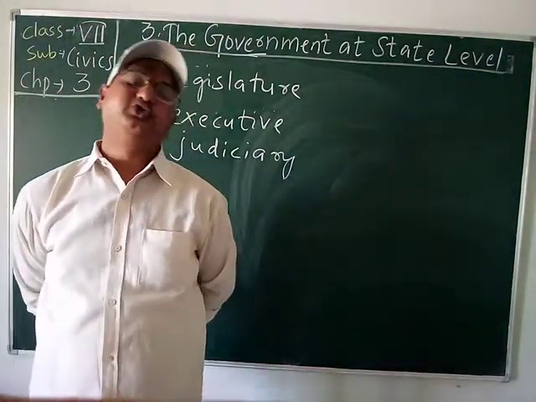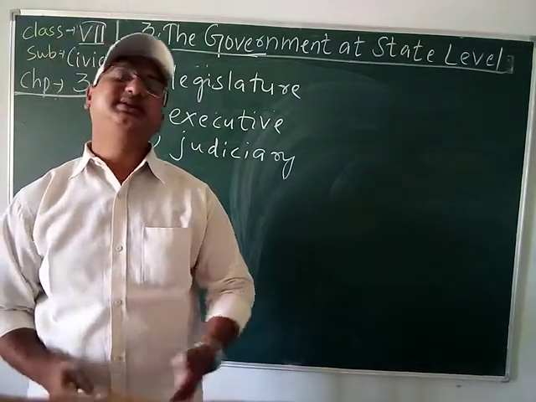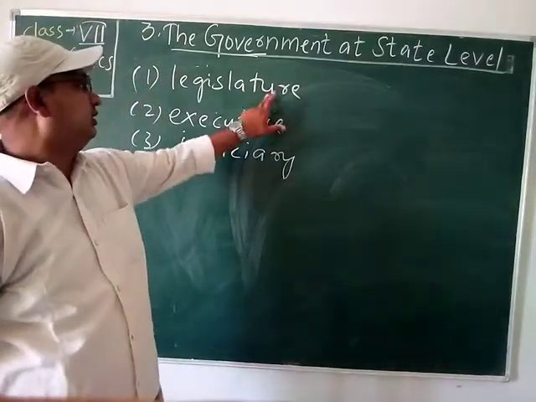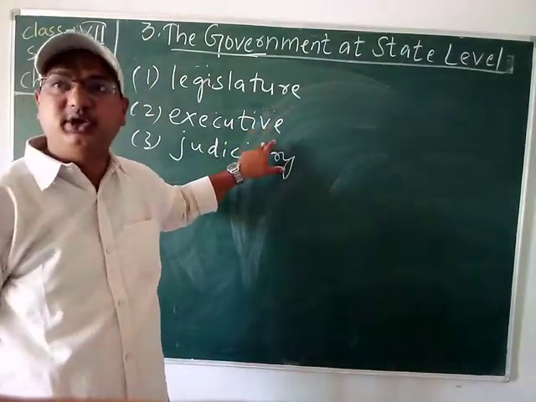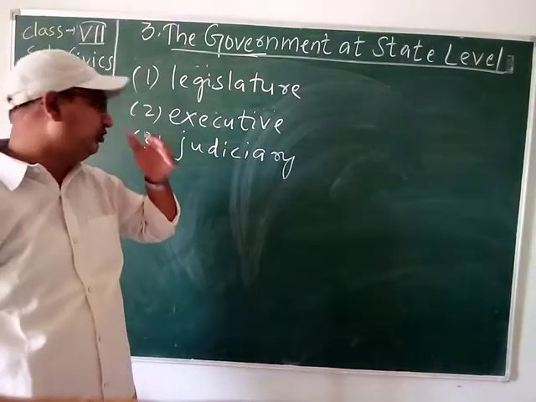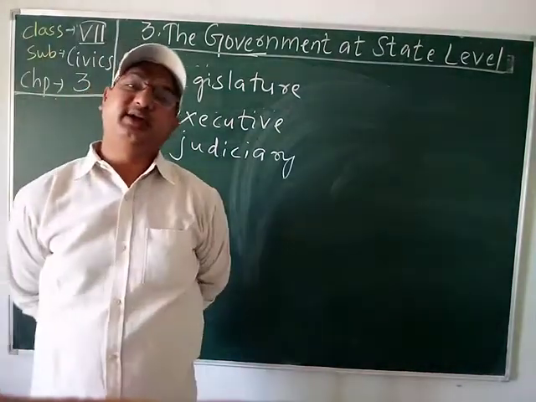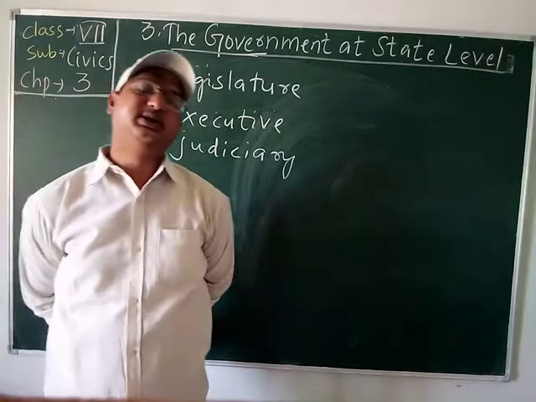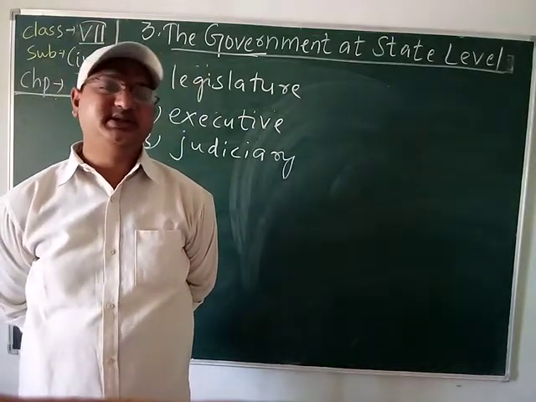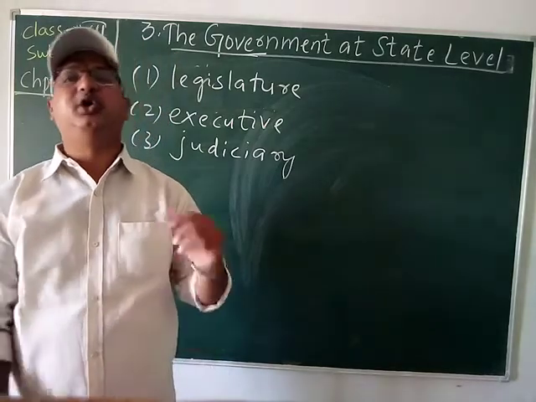Very simply, students, what is the legislature? The legislature makes the laws, the executive enforces the laws, and the judiciary interprets the laws, means it fights against injustice. There are courts, as I have told earlier, to provide us justice. Then students, the Constitution of India mentions the separation of powers between these three organs.